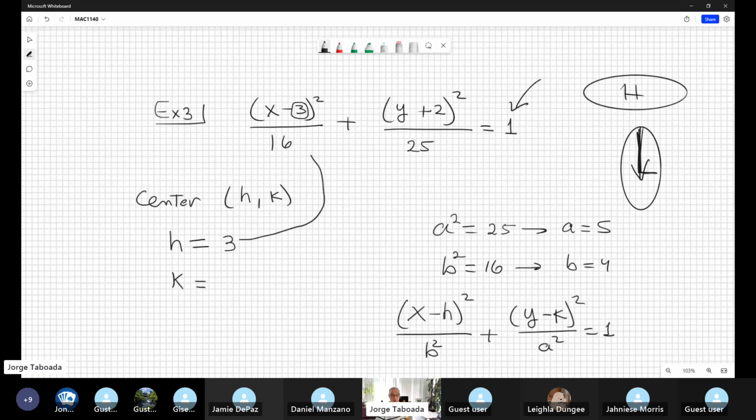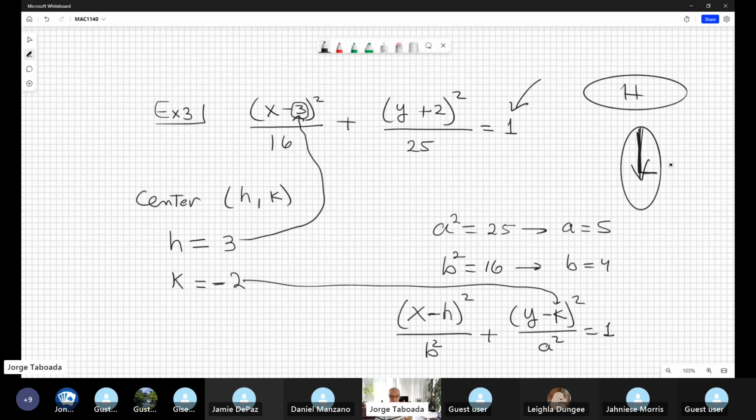When you plug it in here, nothing happens. It stays the same, that's negative. However, k is negative 2, because when you plug in negative 2 here, we have a double negative.